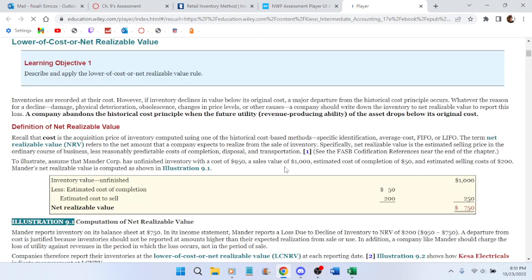Are they going to skip me directly to where I'm looking for? They skipped me to learning objective 1. Funny.